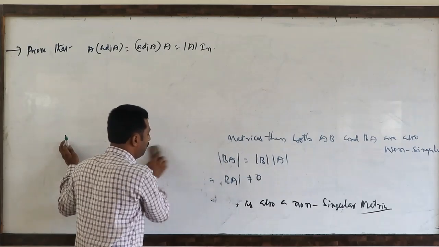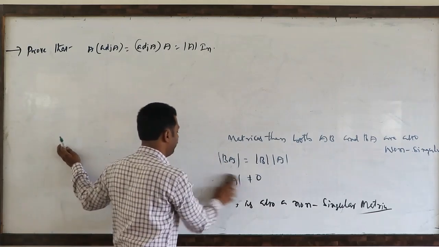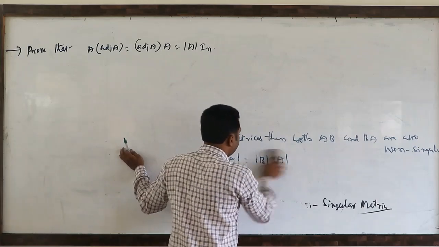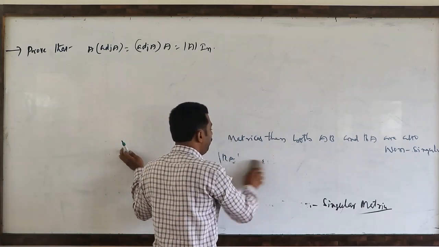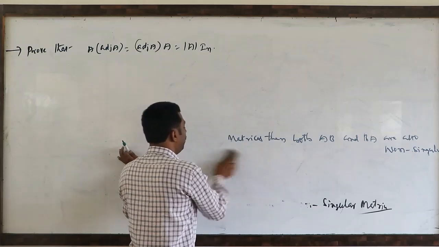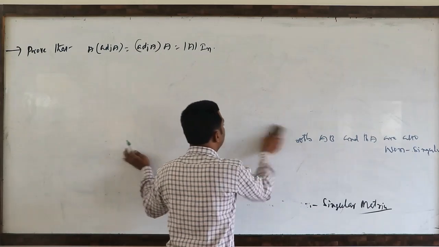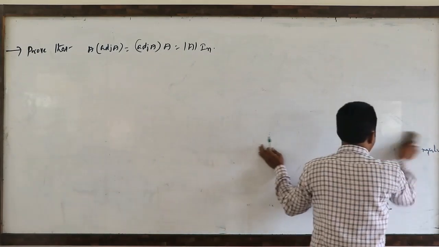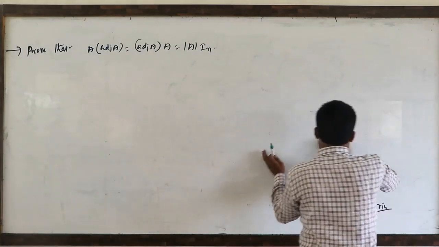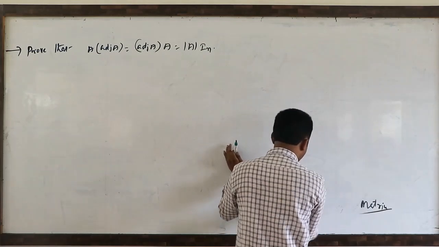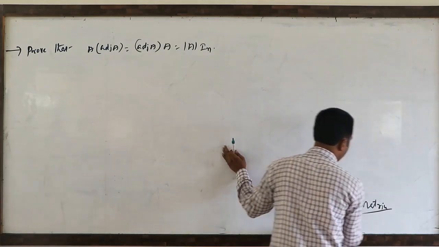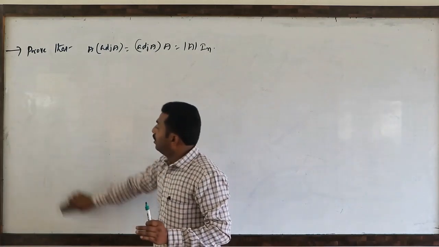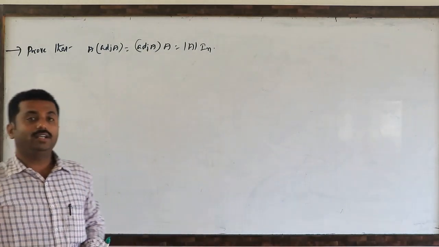Actually, it is one of the theorems in your NCERT textbook. The statement is: if A is a square matrix of order n, then we have to prove that A into adjoint of A equals adjoint of A into A equals the identity matrix of the same order, that is, identity matrix of order n.